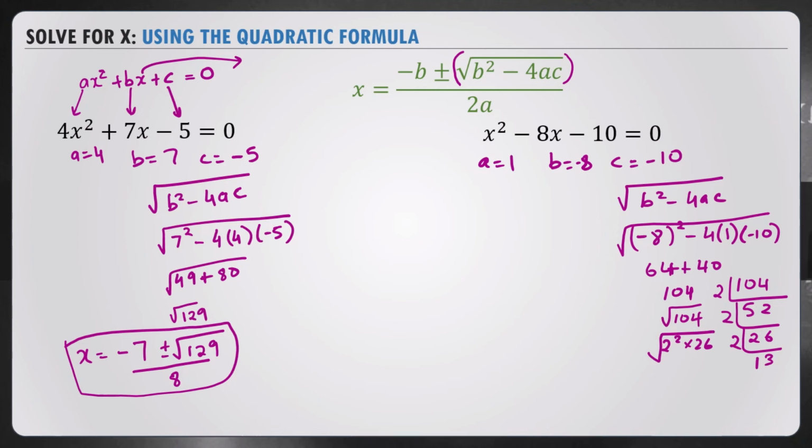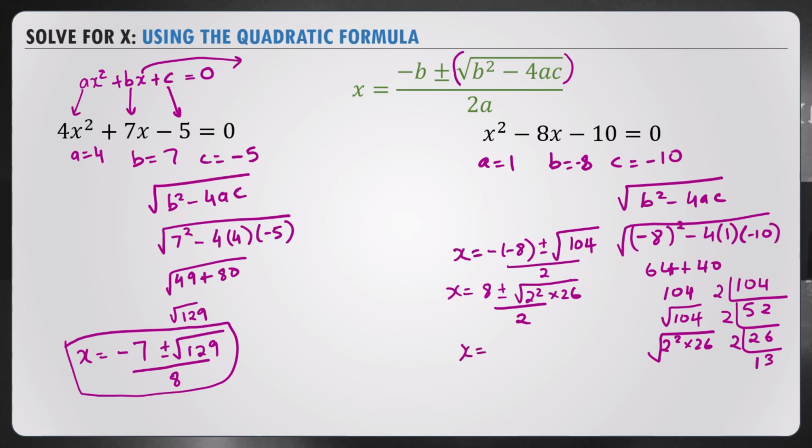Okay, let's plug these values in. We have x will be equal to negative b, which is negative 8, negative 8, plus or minus square root of 104, over 2a, over 2. So x will be equal to 8 plus or minus square root of, now 104 is equal to 2 squared times 26, over 2.